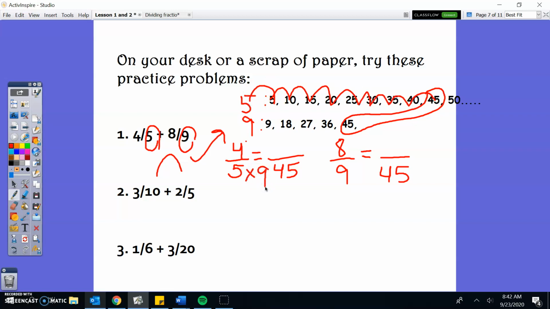That gets me 45, and I need to multiply by 9 on the top. So 9 times 4 is 36. Now I'm going to do the same thing with converting 9 into 45. How many times? 1, 2, 3, 4, 5 times.